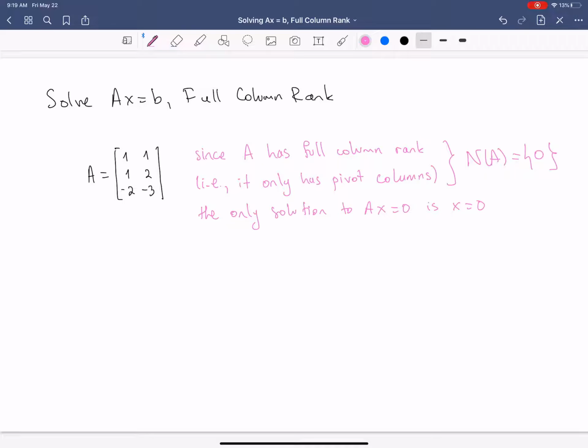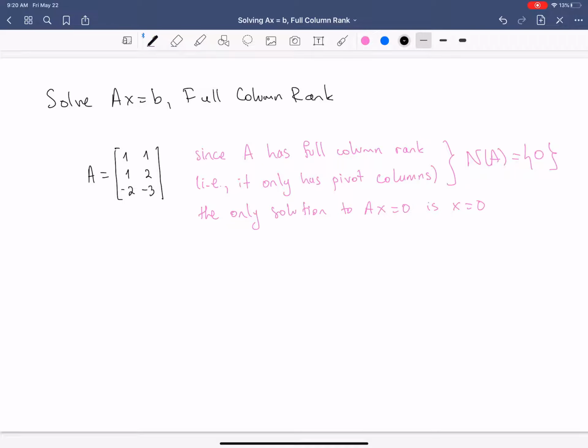So in this case, the complete solution really consists of one particular solution. We don't have infinitely many solutions, because infinitely many solutions really come from a non-zero null space. Since the null space is 0 in a full column rank situation, we're only going to have two cases. Either AX equals B has a unique solution, or AX equals B has no solutions.